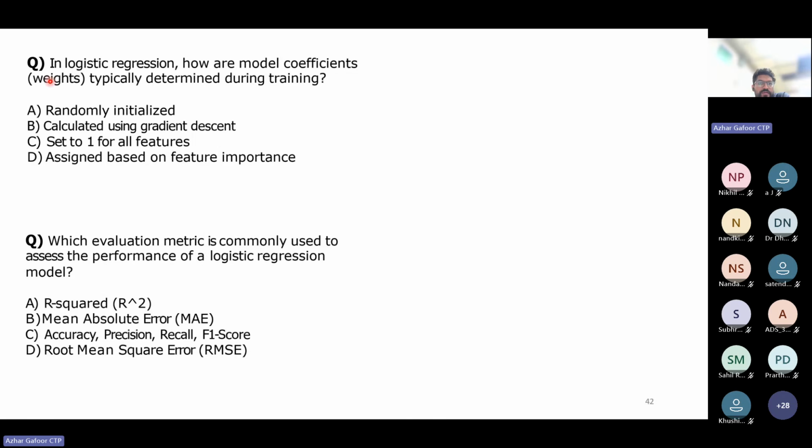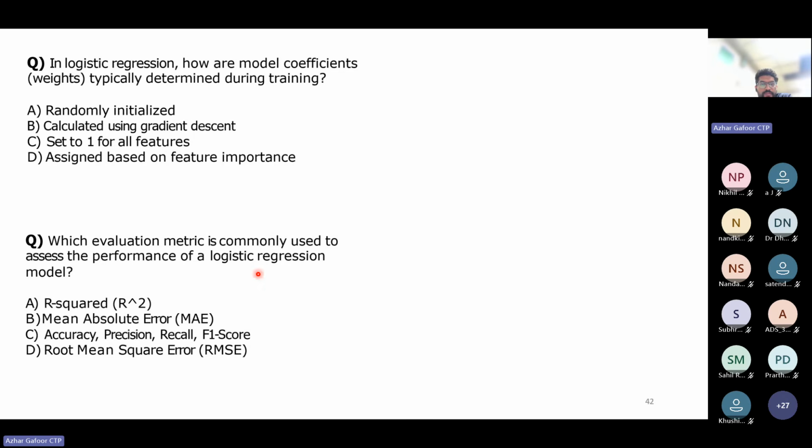All right, in logistic regression, how are model coefficients typically determined during training? They are calculated using the gradient descent method.